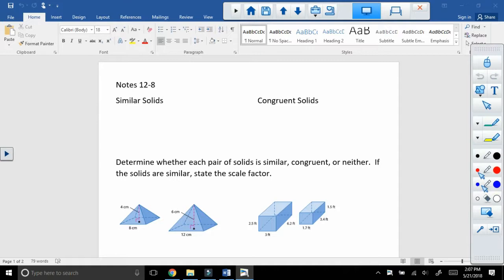So similar solids have the same shape, but not necessarily the same size. And just like when we talked about similar polygons before, they need to have the same ratio.